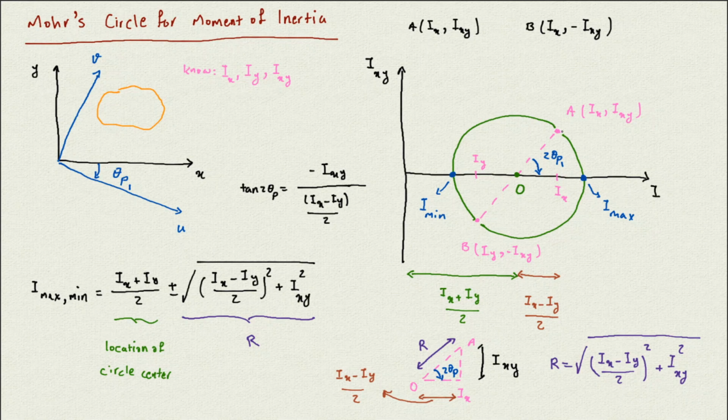So I rotate 60 degrees clockwise, and I end up at one point, and whatever I and IXY I have at that point are associated with that rotated axis. So this is how we can use the Mohr diagram to calculate the I and IXY for a rotated axis.